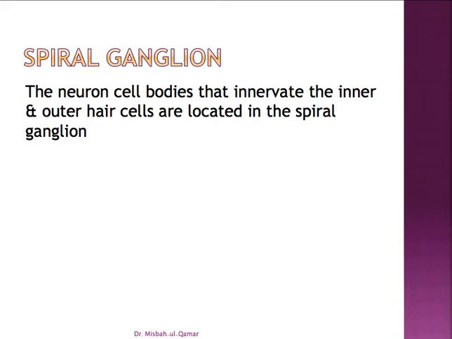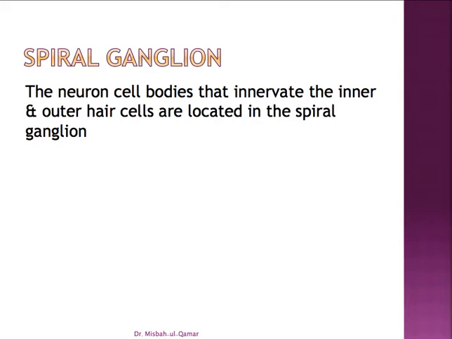The neuron cell bodies which innervate the inner and the outer hair cells are located in the spiral ganglion. Now, the bony channel that connects the ganglion travels in a spiral direction toward the apex of the cochlea, and that is called the Rosenthal canal.